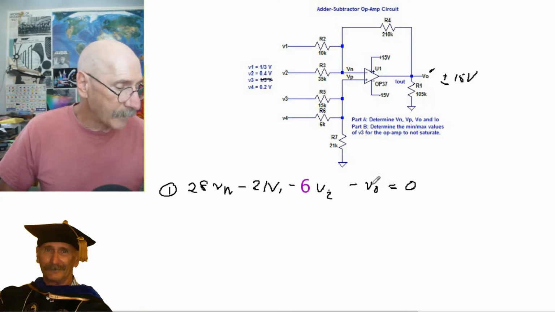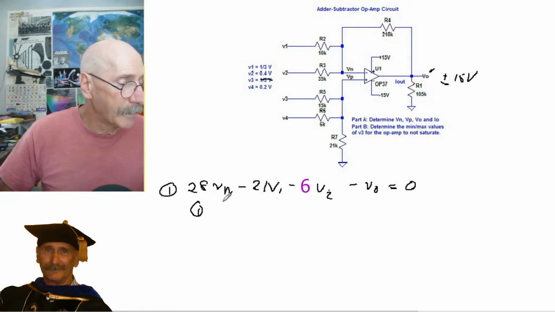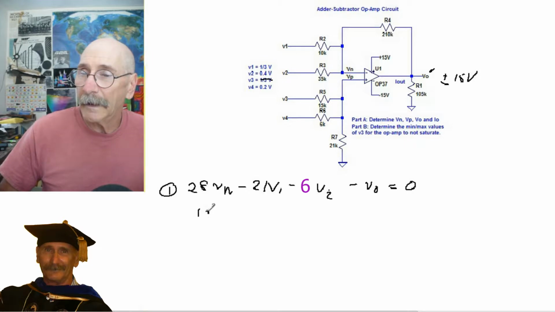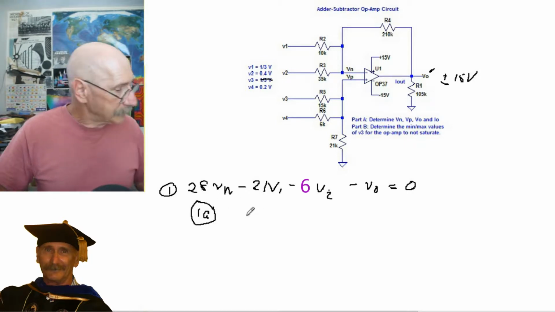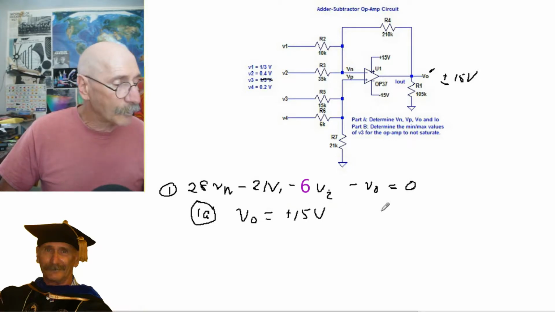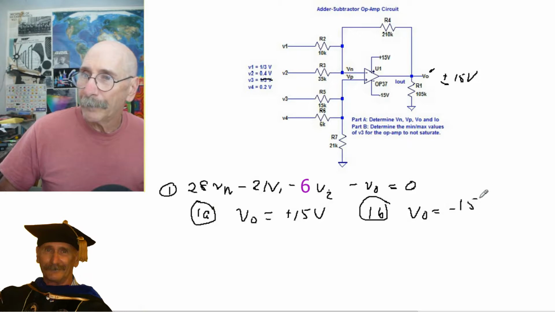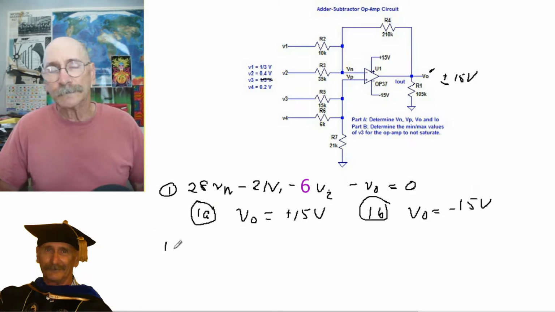Let's go ahead and put numbers in. This is equation 1, and I'm going to call it 1A. Vout is equal to plus 15 volts. And for 1B, Vout is equal to minus 15 volts.